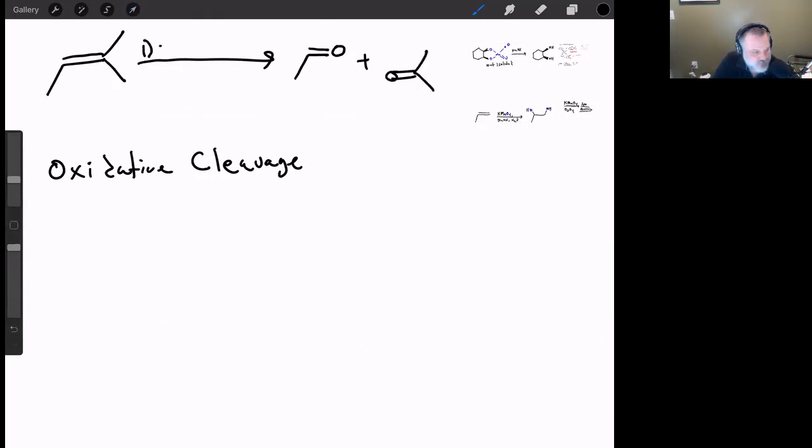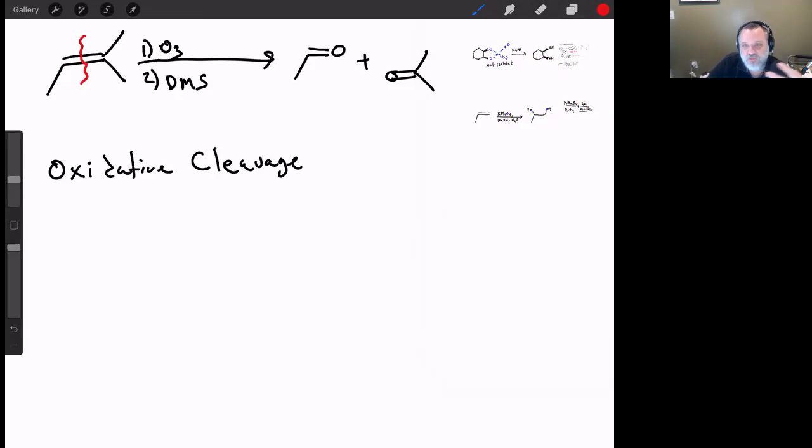So if I react O3 in step 1 and DMS in the 2nd step, just dimethyl sulfide, then it actually comes along and it breaks this bond. When it breaks this bond, it inserts oxygens on either side of it.